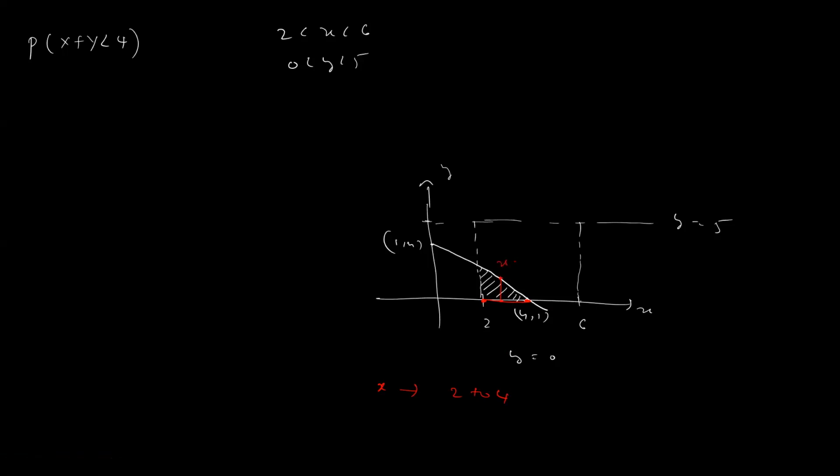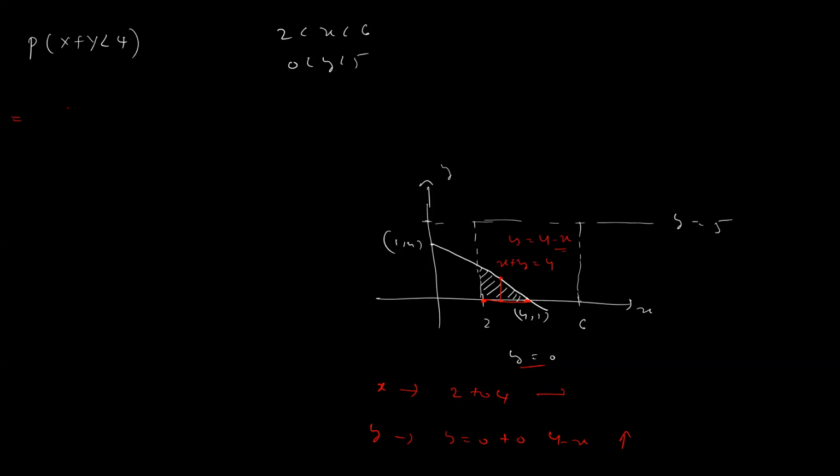This curve is x plus y is equal to 4. So you are writing the limit for y. y starts from 0, because this whole line is 0, and goes up to y is equal to 4 minus x. So y will be from 0 to 4 minus x. This is how we write the horizontal limits and vertical limits, if you remember.